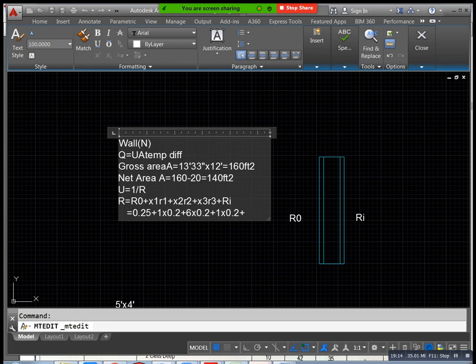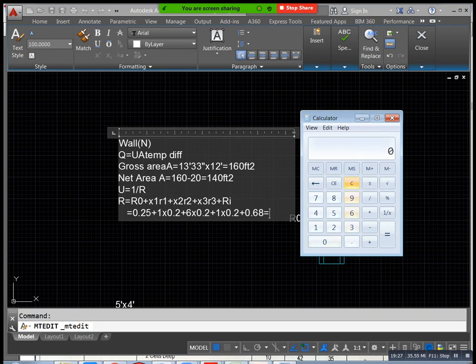Next, 0.2 into 6, 1.2. Next you can mention 0.2. Next you can mention 0.68. Okay, totally 2.53. Now you can mention here 2.53.